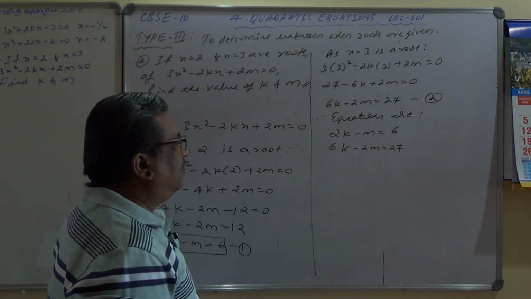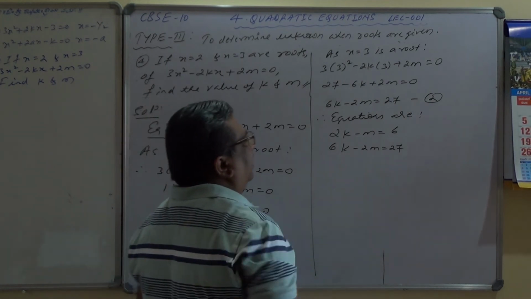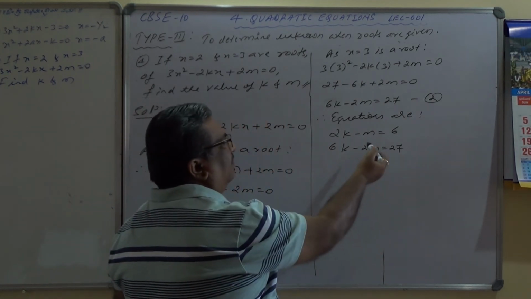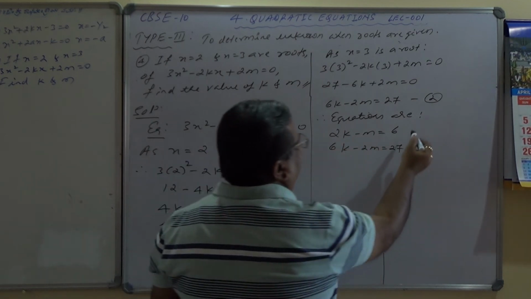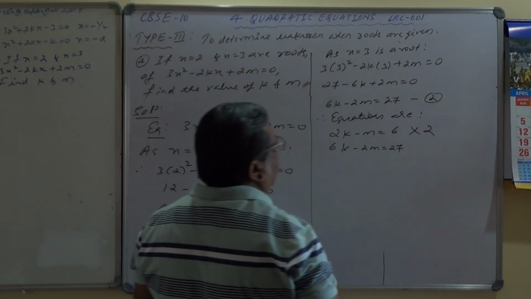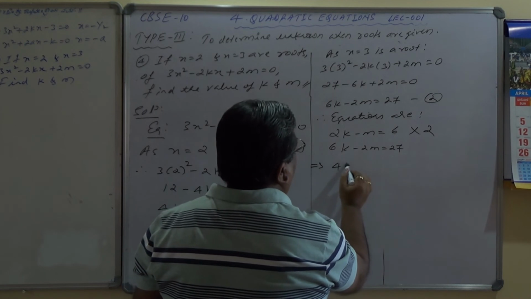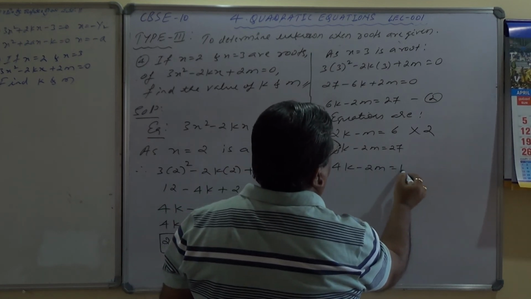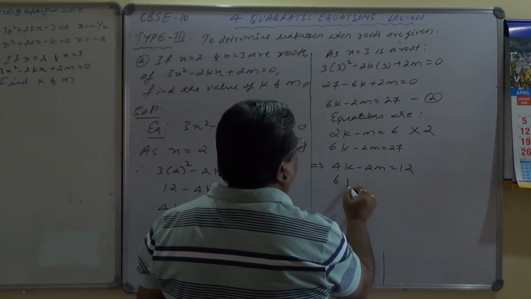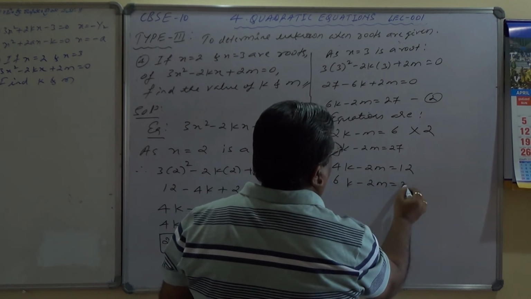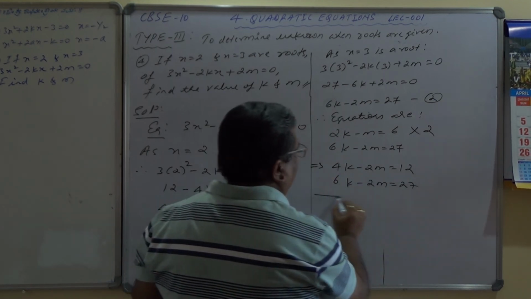So solve these things. What is it that you would like to eliminate here? I want to eliminate m here. So multiply this equation by 2, implies 4k minus 2m equals 12 and 6k minus 2m equals 27. So what we will do here?